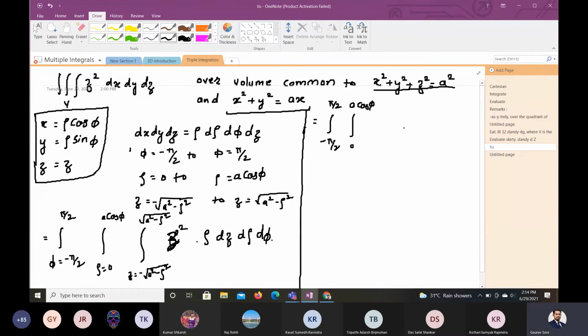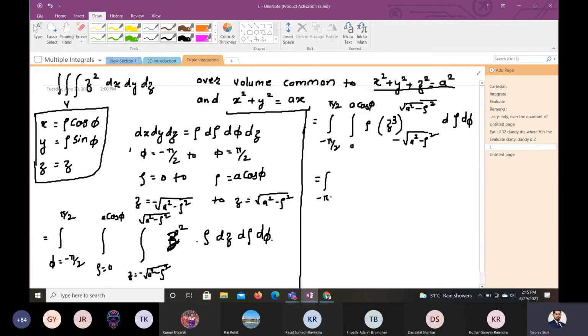So we have the integration with respect to z. So z square is going to be z cube, limits from minus under root a square minus rho square to plus under root a square minus rho square, d rho d phi.